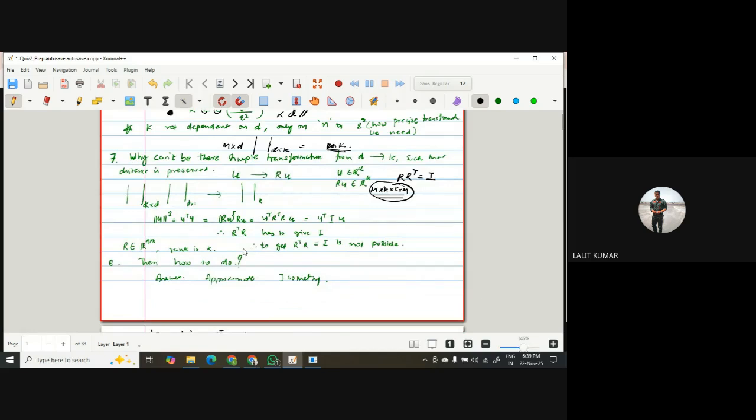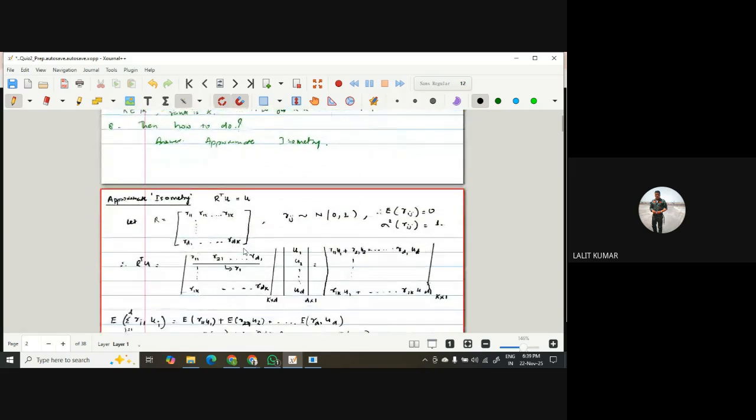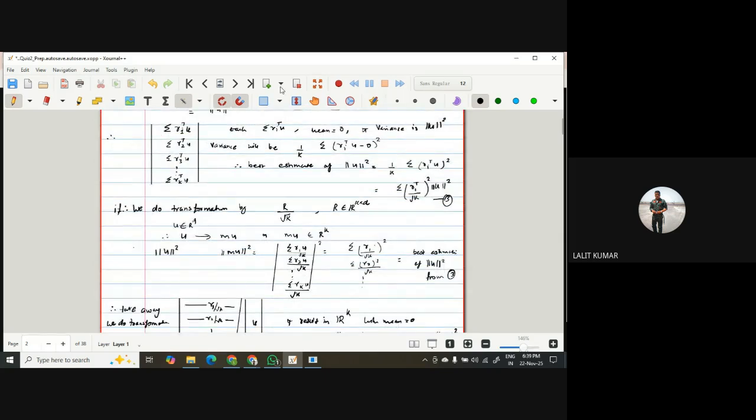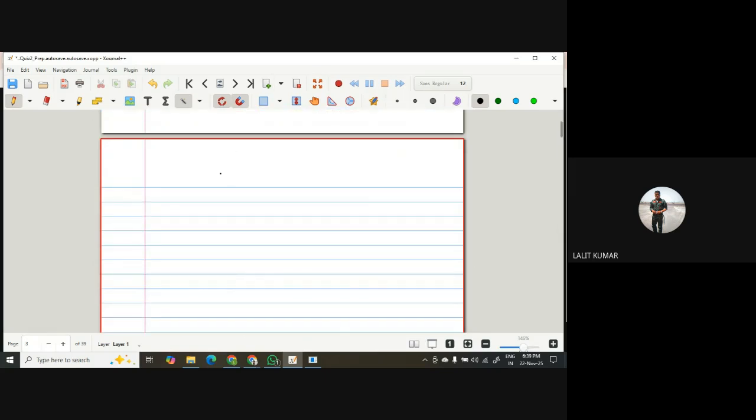In approximate isometry, how do we do that? I will just cover the steps here. We have a data set A of dimension m into d. We have to convert it to a matrix m into k such that the distance between the data points is preserved.